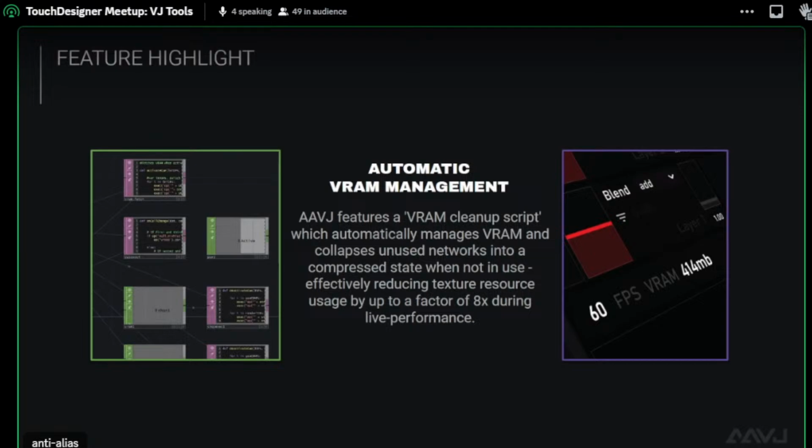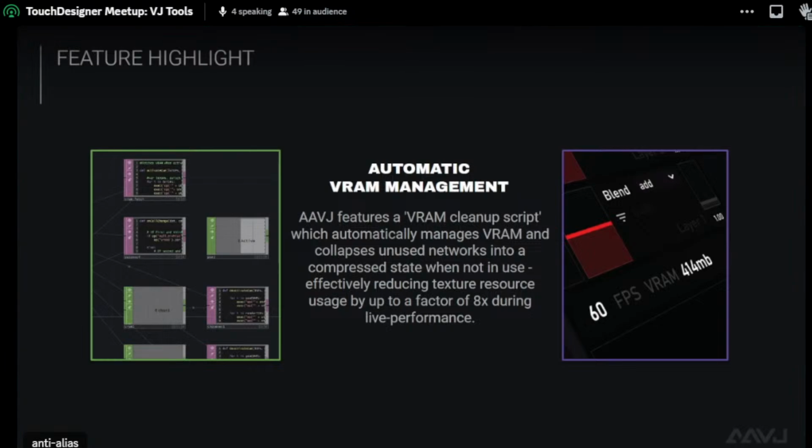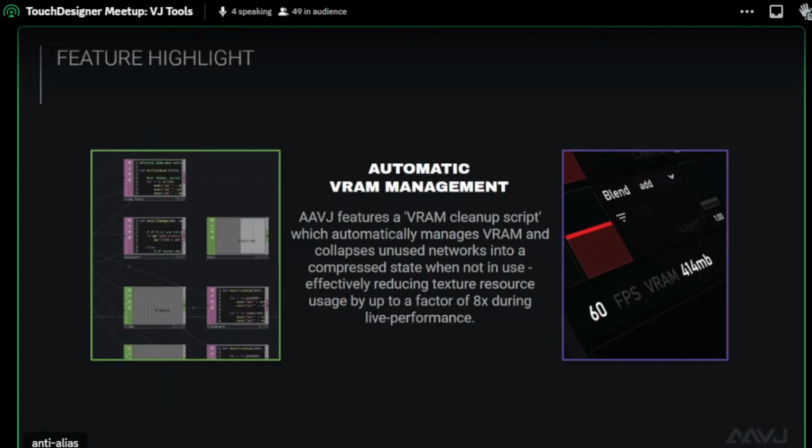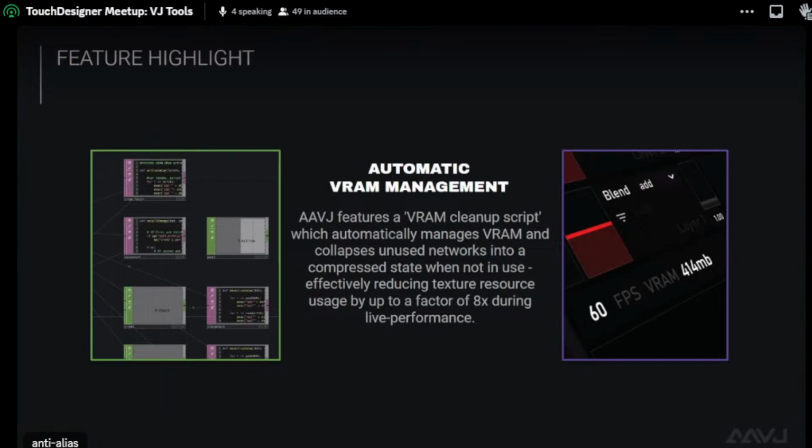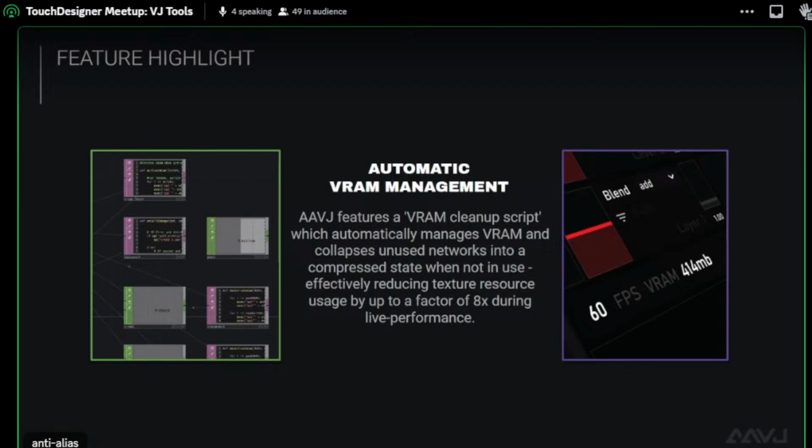AAVJ implements a script that will collapse your content into a compressed state when it's not being used. It does this by reaching into the network and finding all of the TOPs in that network and compressing them to an eighth of their resolution in order to cut back on VRAM and kind of allow for the GPU to have a little bit more breathing room when it starts to get filled up with content.